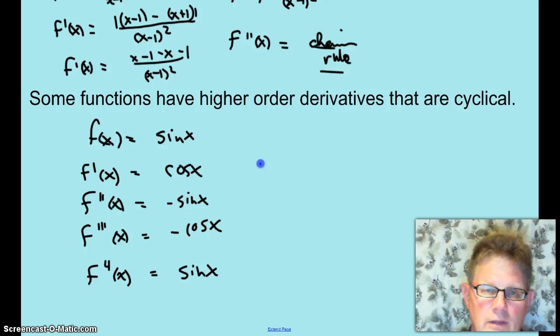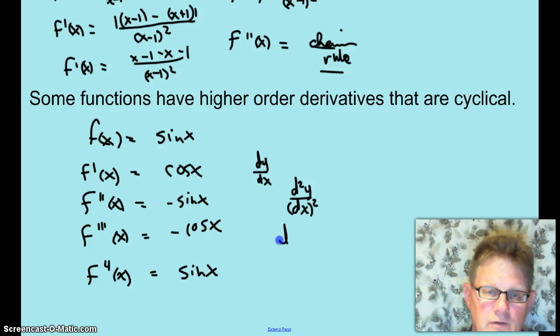Alright, this is the way Leibniz would write it. The derivative of y with respect to x. That's the first derivative. The second derivative of y with respect to x, like that. Yeah, I know, it's so crazy. That's because this is the part that's being to the second power, dx of y.